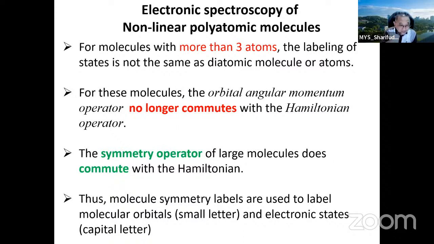If it is a small letter, that means you're talking about the molecular orbitals. If it is a capital letter, that means we're talking about the state. And remember what I told you earlier, the electronic state of a molecule depends upon the electronic configuration, i.e. how the electrons fill the molecular orbitals, which are labeled in small letters.